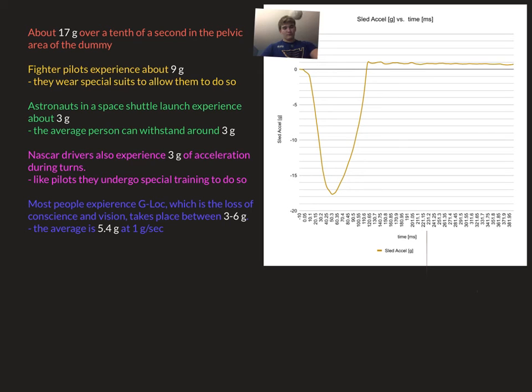So given a standard 180-pound human, 17 Gs, which is about 170 meters per second squared, is acting upon them. And what this means is that a 180-pound human with 170 meters per second squared comes out to about a 30,000 Newton force acting upon them in this car crash.